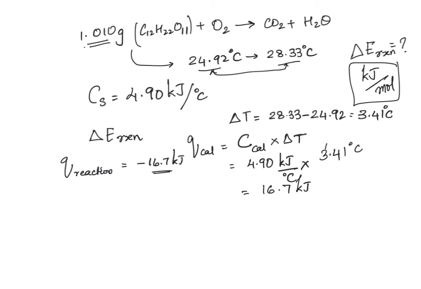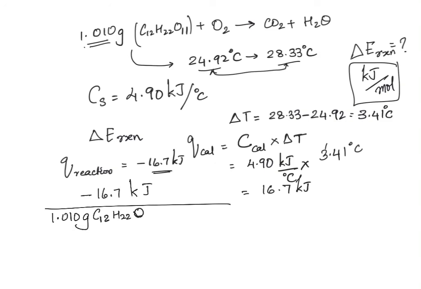But we want to get it in kilojoules per mole. So we say negative 16.7 kilojoules. We know we have used up 1.010 grams of sucrose, and every 1 mole of sucrose is 342.3 grams of sucrose, a value we obtained from the periodic table.